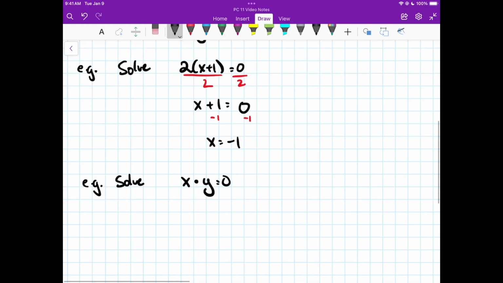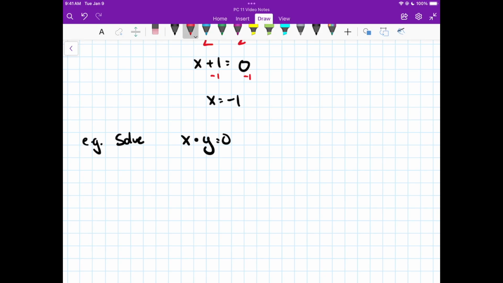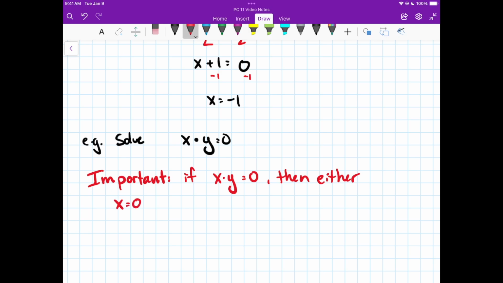Well, if we put a little bit of logic into stuff, the main takeaway from this lesson really comes down to one thing. If you multiply two numbers, or two things in general, and you get 0, that tells you really that one of those two things has to be 0. So if x times y is 0, then either x equals 0, or y equals 0, or both. Because the only way to get 0 when you're multiplying is to multiply by 0.